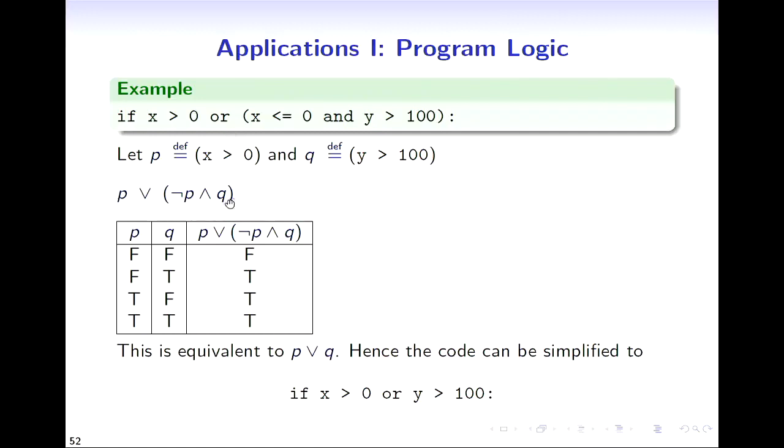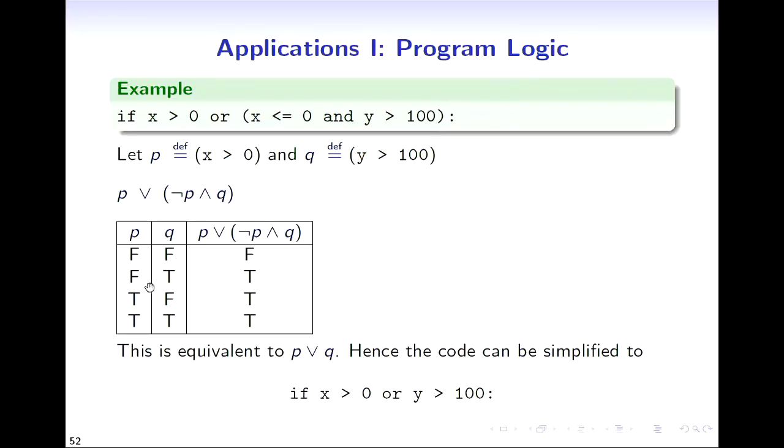Then I can analyze the truth table for this compound formula. And I can see, for example, if both P and Q are false, then this would be false, because this part is false. Also, this is false, because this is true, but Q is false. So if x is smaller or equal to 0, which means P is false, and also y is not greater than 100, also this is false, then this condition is not true, and the following statements would not be executed.